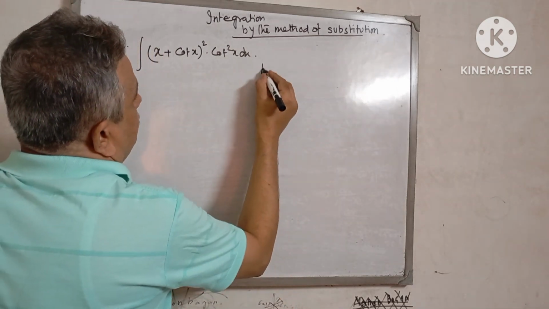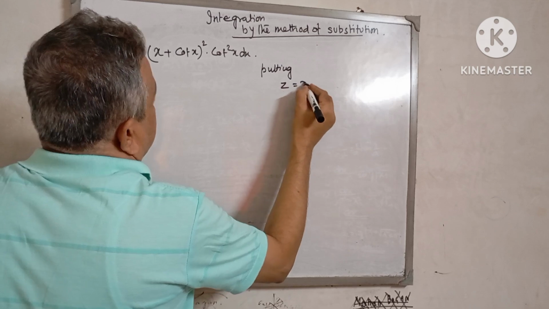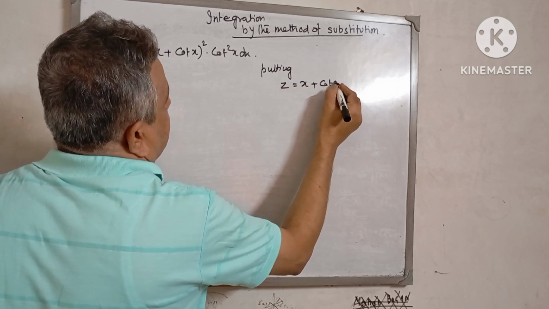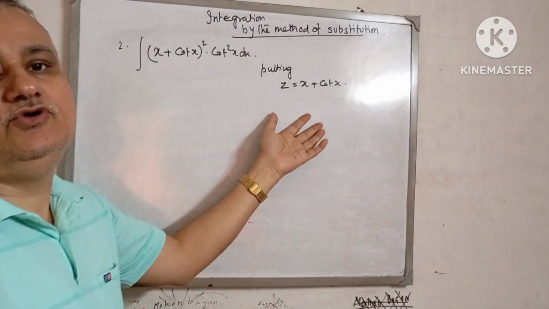Now here we put z equal to x plus cot x.